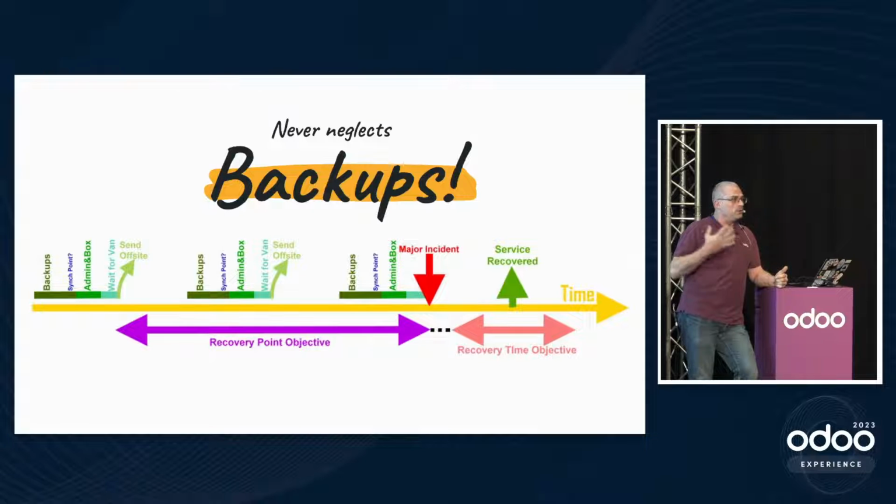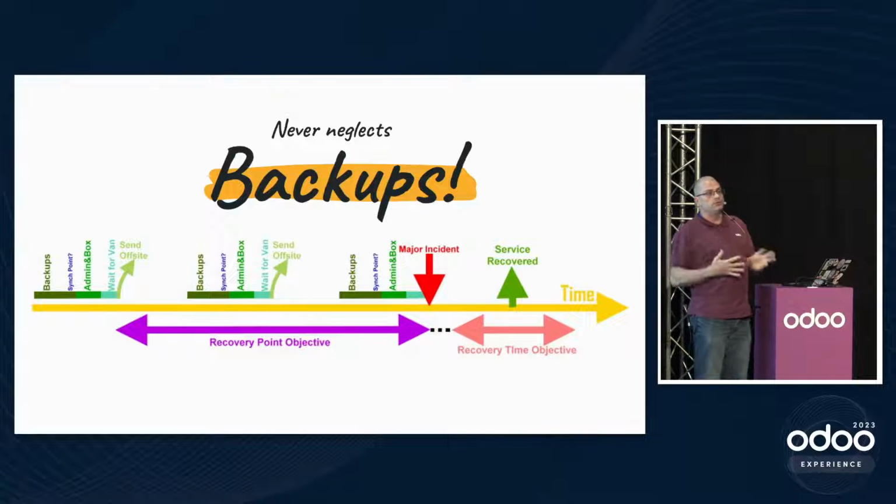It's not possible to achieve a situation where I can only lose 2 minutes of data, and I will be up and running 1 minute after a crash. No, it's not possible. You can't achieve both of them.